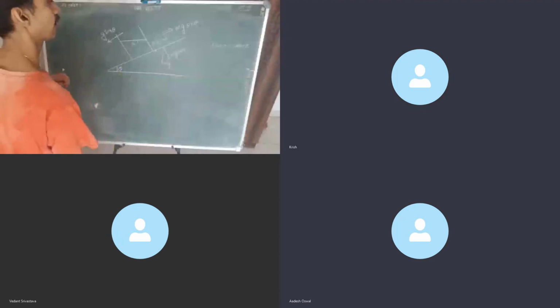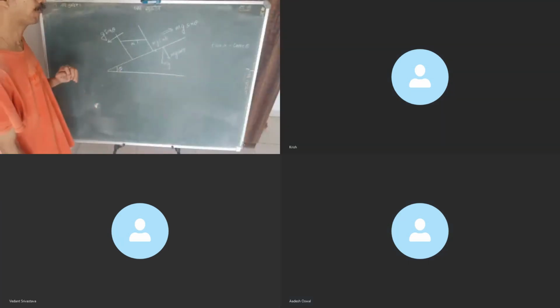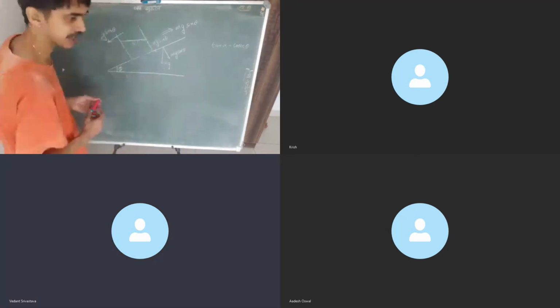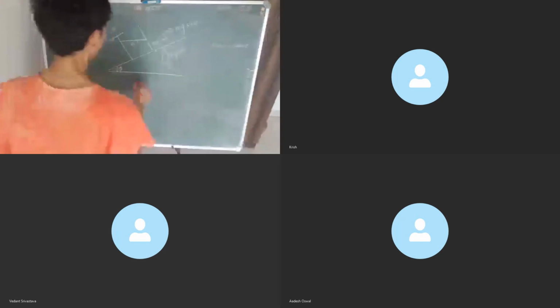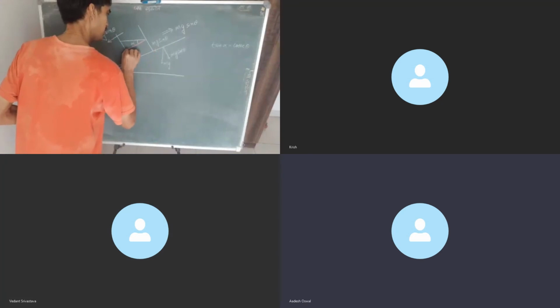So down is mg sin theta, up is mg sin theta, which means we have neutralized the component of mg down the inclination. Agreed? And if we have neutralized it, then there will be no force parallel to the surface if we take this to be the surface.